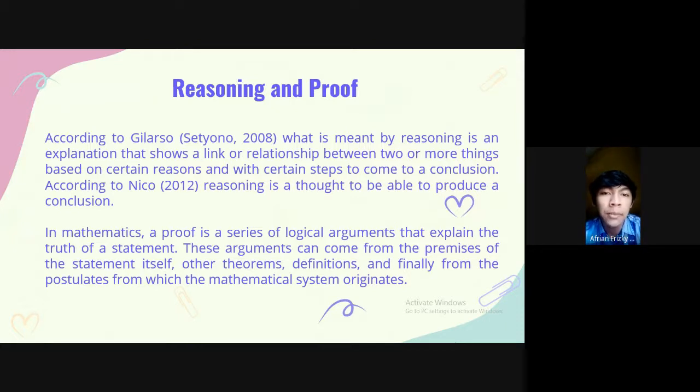And in mathematics, a proof is a series of logical arguments that explain the truth of a statement. These arguments can come from the premises of the statement itself, other theorems, definitions, and finally from the postulates from which the mathematical system originates.